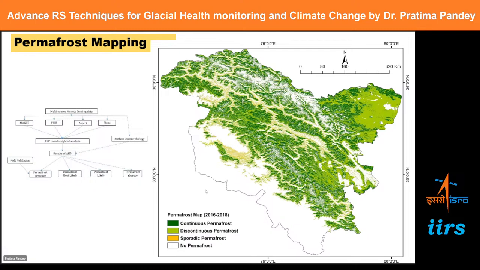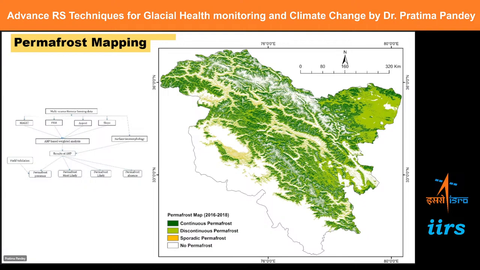One, the thawing of permafrost because of warming can destabilize the slope, because ice in the soil provides cohesiveness to the soil, and when the ice melts, the cohesiveness will be lost and there will be chances for destabilization.